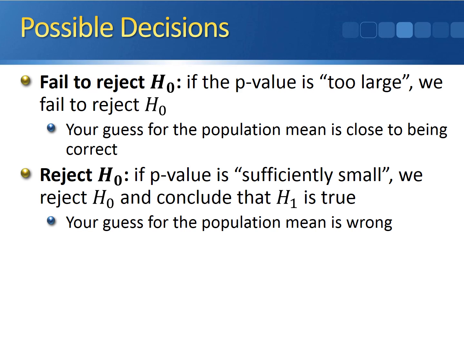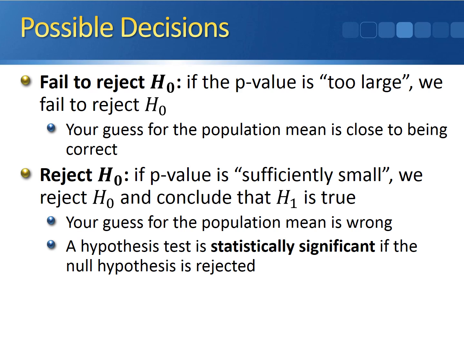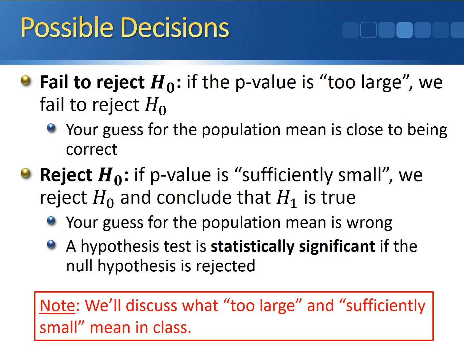You were just too far away from the sample mean for it to make sense that your hypothesized mean is actually the true mean of the population. A hypothesis test is considered to be statistically significant if the null hypothesis is rejected. Now, just as a side note, we'll discuss what too large and sufficiently small mean in class.